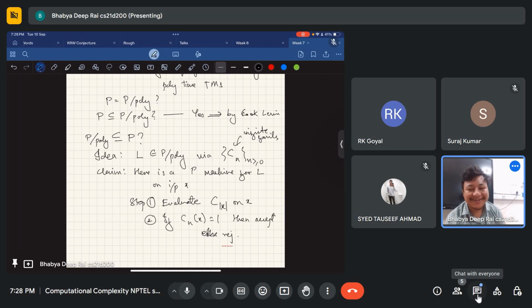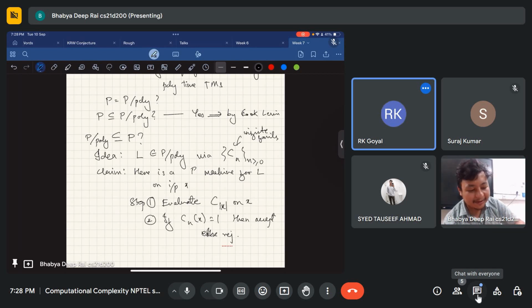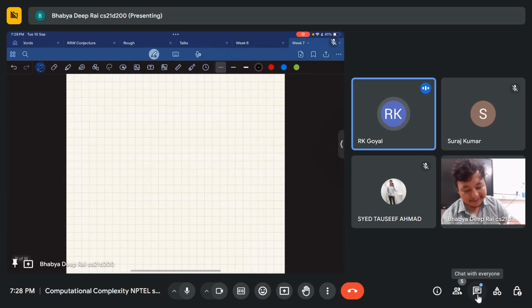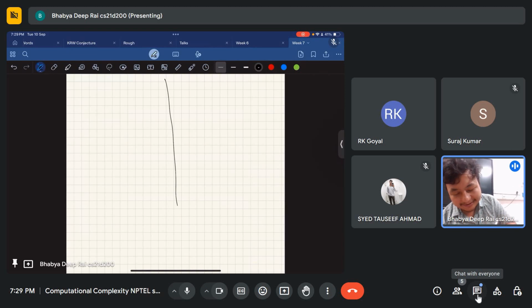Unless I advise you on what may be the correct circuit to evaluate, or unless it is true that for that particular circuit family, you can compute the circuit for that particular input in polynomial time. So there are two possible cases.